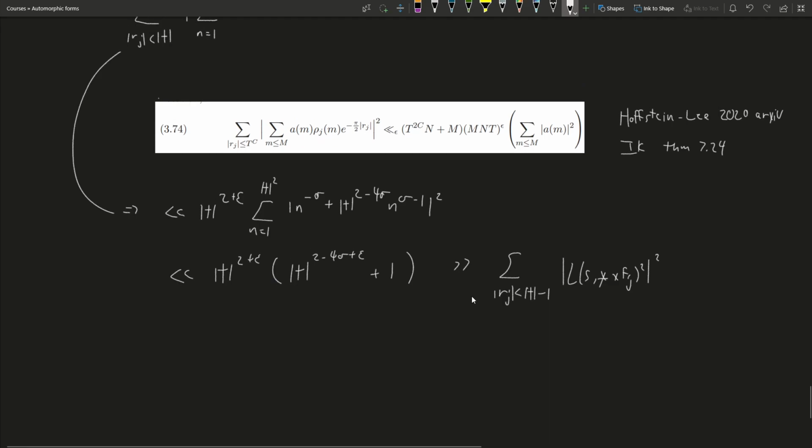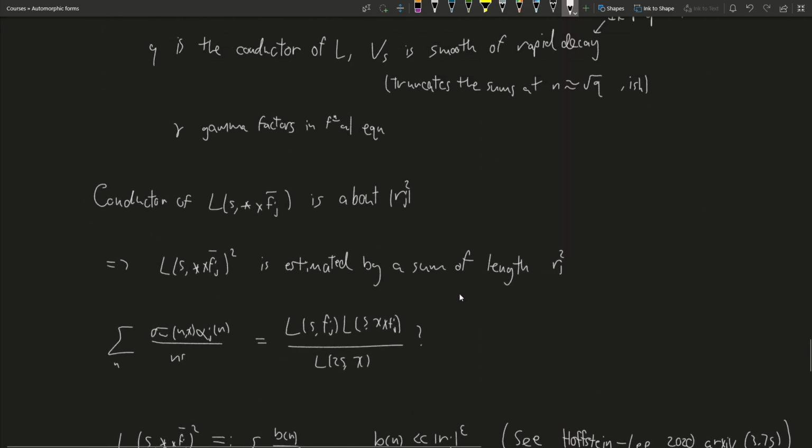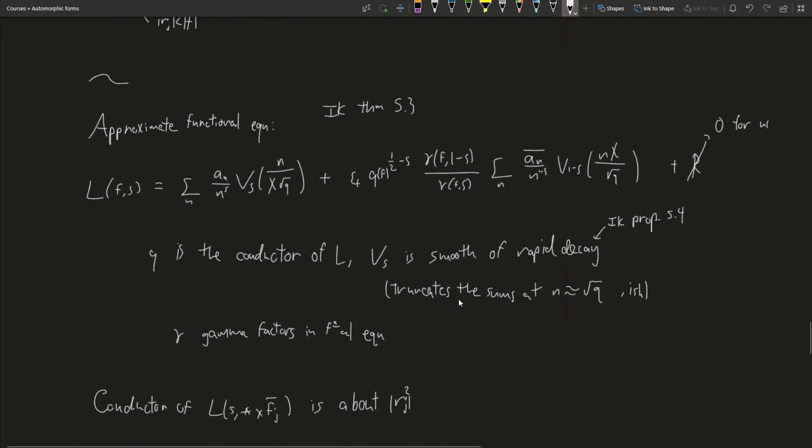I should say also that this is for sigma between 0 and 1. This is all for the critical strip.